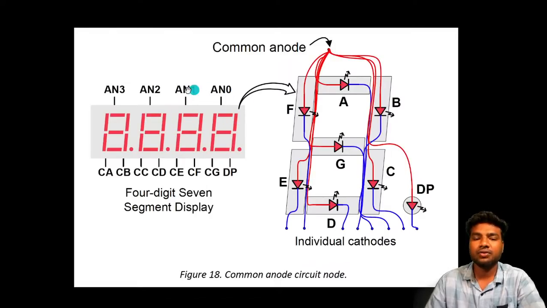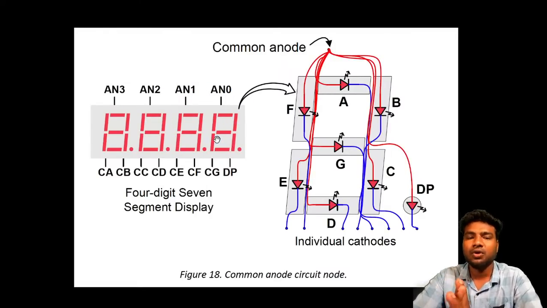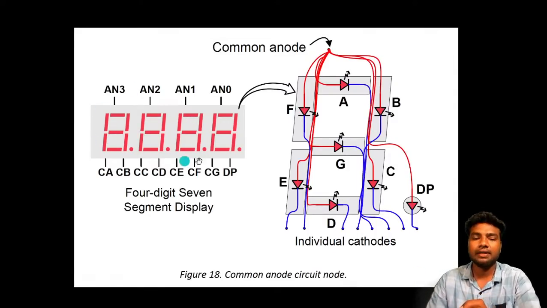The main thing is, if you are using multiple seven segments, you can't turn them on at a time. You can't turn on all these 4 seven segments at a time. You can only select one seven segment at a time.